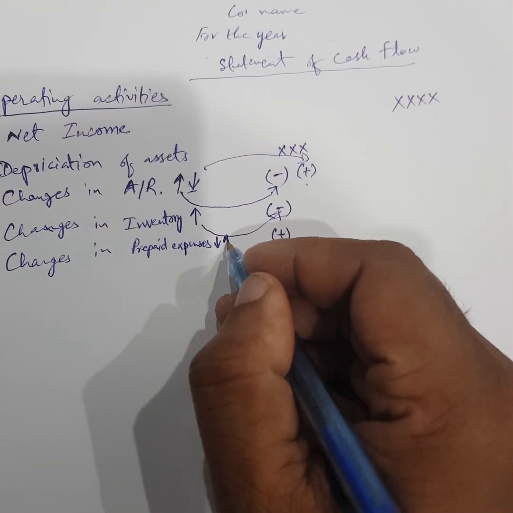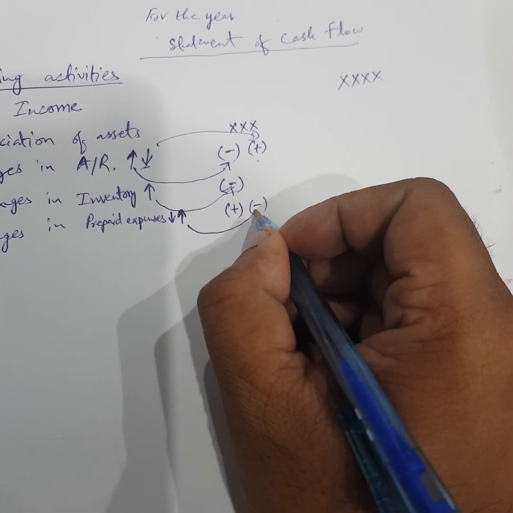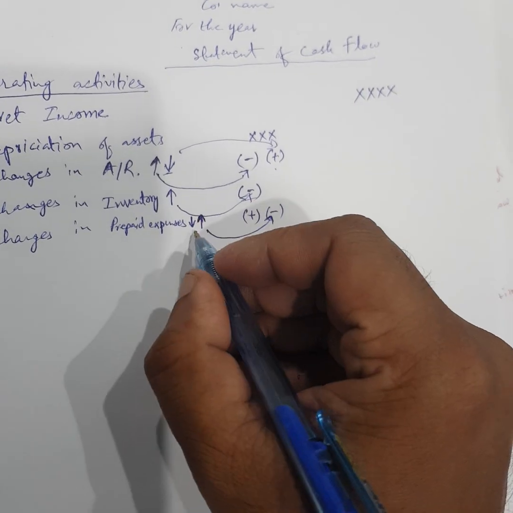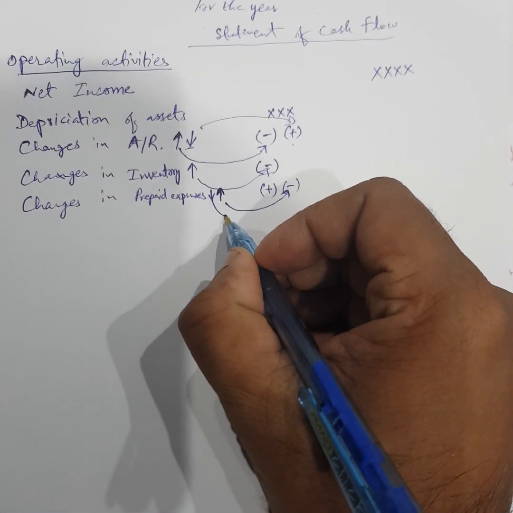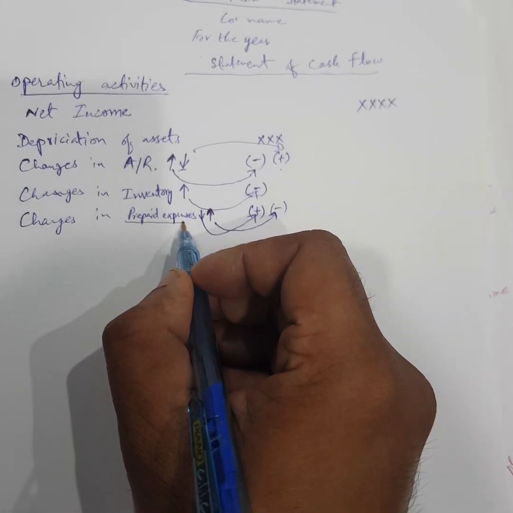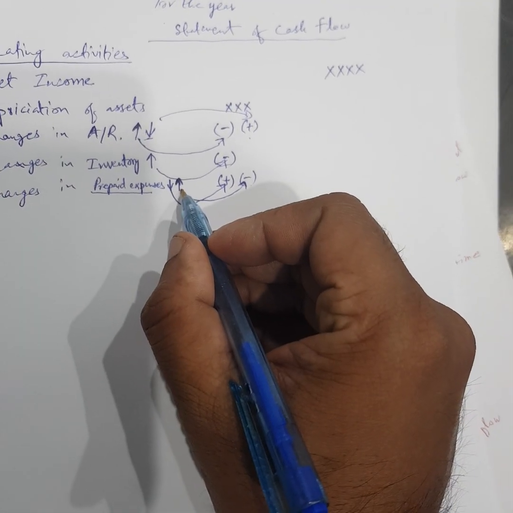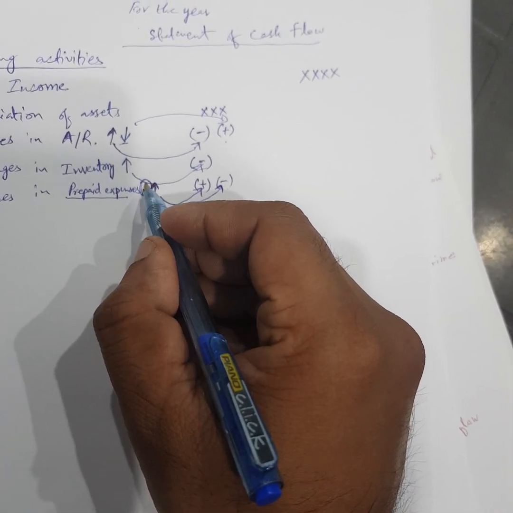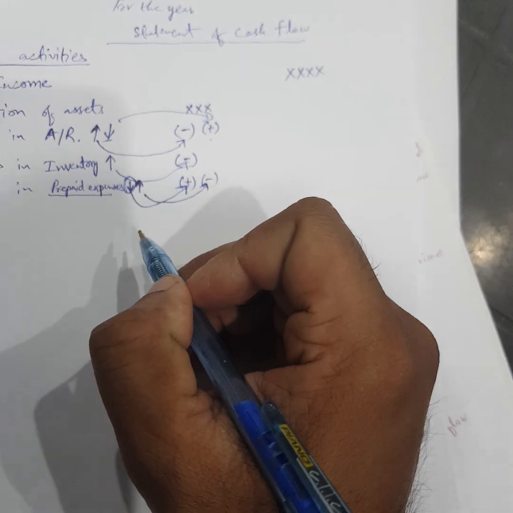Whenever we increase our prepaid expenses, it will create a cash outflow because we are paying the money. Whenever our prepaid expenses decrease, we are getting the money because this payment is already done. If these payments are considered to be done, it means the prepaid expenses will decline. We will be able to add the cash.